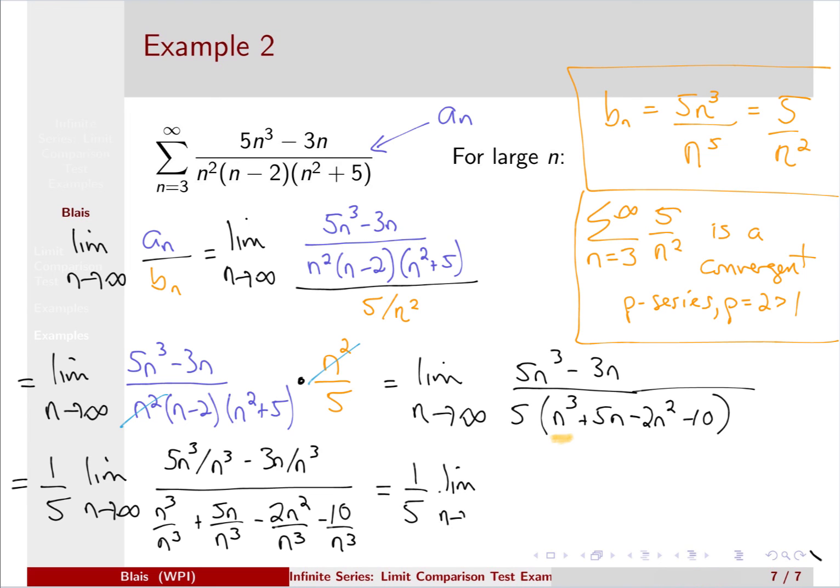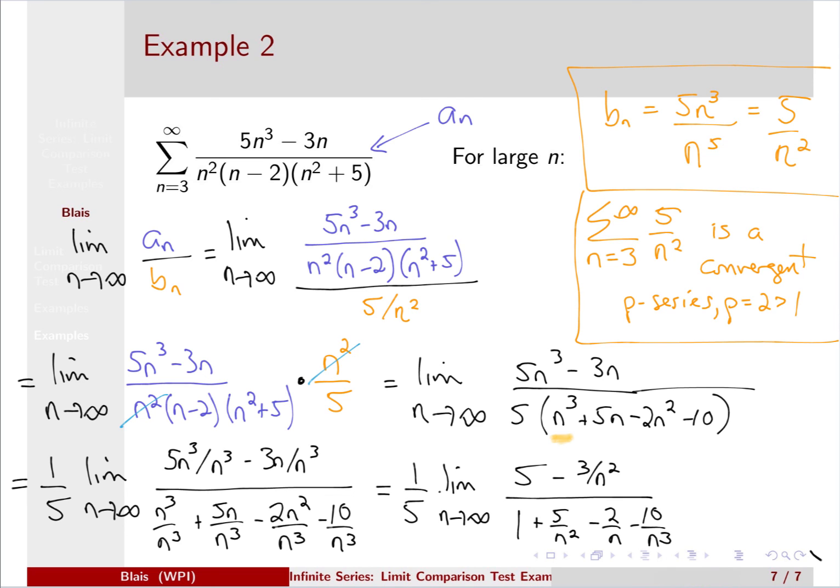1/5 times the limit as n goes to infinity. In the numerator here we have a 5 minus 3 over n squared. And in the denominator, n cubed over n cubed gives us a 1. We have plus 5 over n squared minus 2 over n minus 10 over n cubed.